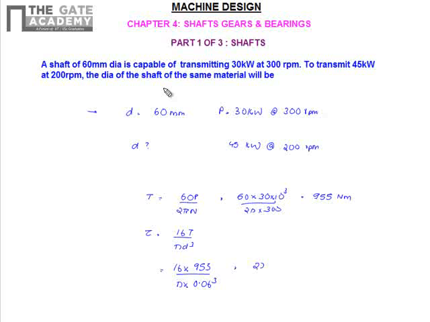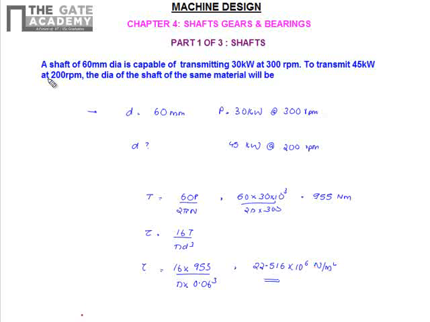This will become 22.516 into 10 power 6 Newton per meter square. Now this is the maximum allowable shear stress in the material.